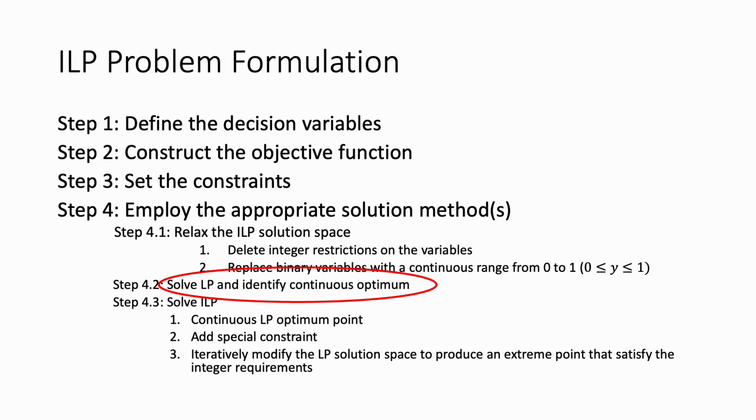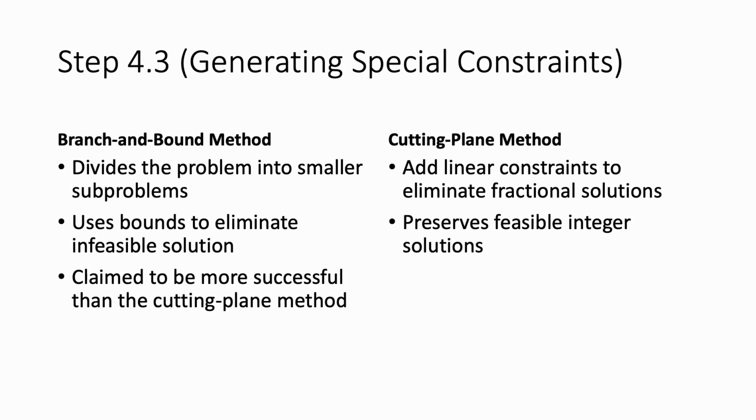Now, if the LP solution is an integer, then the solution is also optimal for the ILP, and that means that we are done. Otherwise, we have to use appropriate methods to solve the ILP, meaning we need to look for methods that impose the integral restrictions.